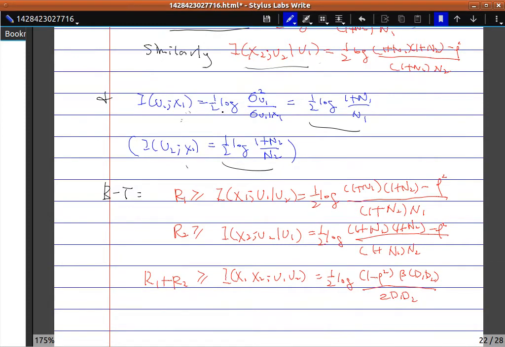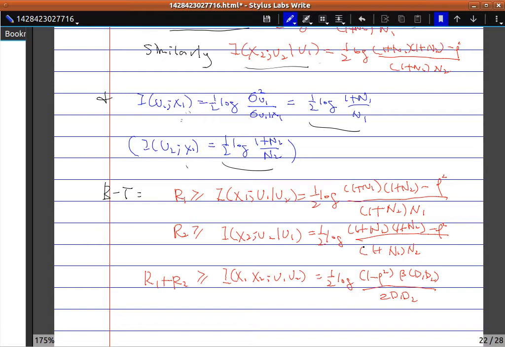So this is a little bit of a long story, but just to summarize at this moment: after we introduce U1 and U2 as X1 plus M1 and X2 plus M2, we can find that for the Berger-Tung inner bound, the distortions D1, D2 will be satisfied as long as the rate pair is within this range here.